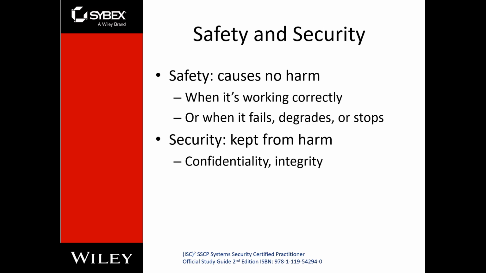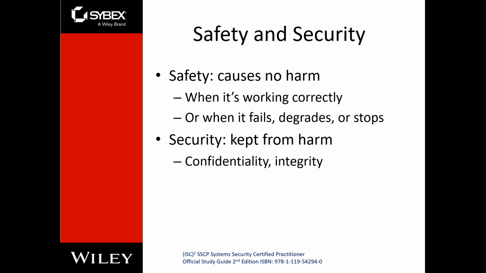Another hard portion of our lecture, the chapter reading for our lecture, was safety and security. Essentially, safety means causes no harm. That means if it's working correctly, there should be no harm. When it fails, when it stops, when it degrades, there should be no harm.